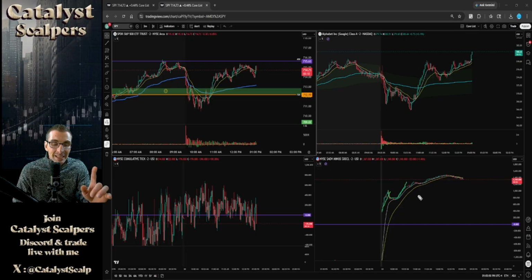This gives you a second line of confirmation that it's a strong momentum move curl, right? Along with this tick reading, you had the advanced decline line turning. These are all bullish signals. The SPY is turning nice. Google's breaking VWAP. This here was a no-brainer entry for me. We absolutely killed it on Google today.